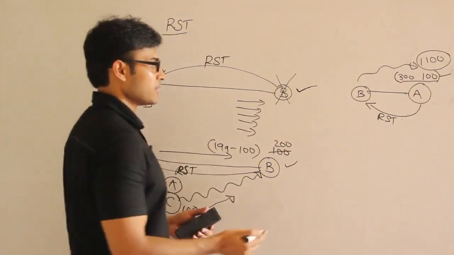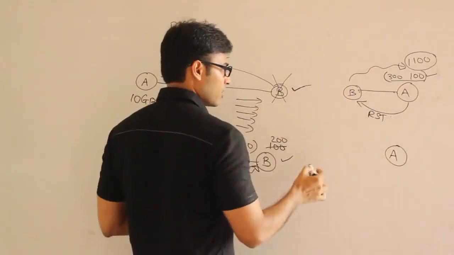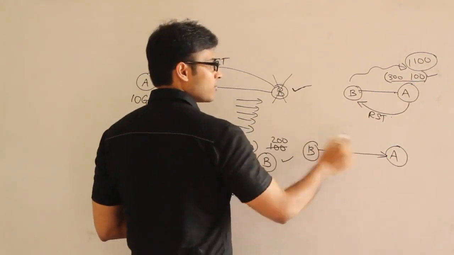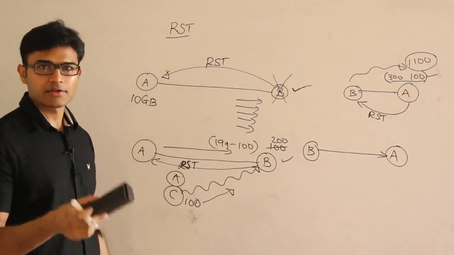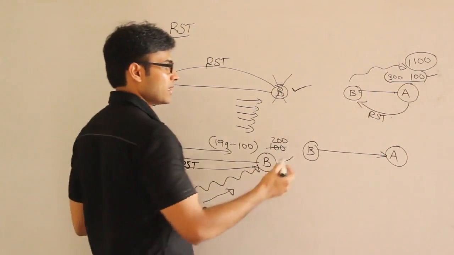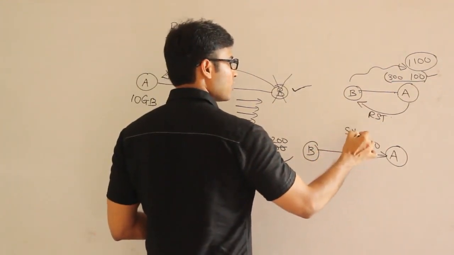Or sometimes what happens is, A will be there and there is no connection at all, and then it will suddenly get a message from a host B as if they both are in a connection, as if they have been talking for some time, which means it will suddenly send a message with sequence number 100 and SYN equal to 0.